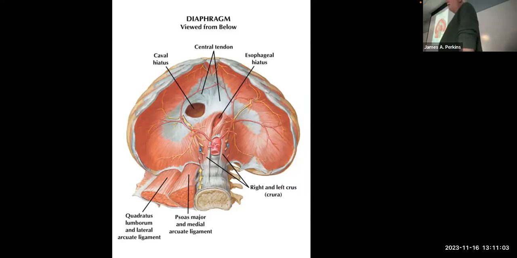Besides just the fact that they're painful, they can also be dangerous long-term because the esophageal hiatus helps to prevent stomach acid from going up into the esophagus. But if part of your stomach actually sits up above the esophageal hiatus, you lose that sphincter preventing acid from going up into the esophagus.